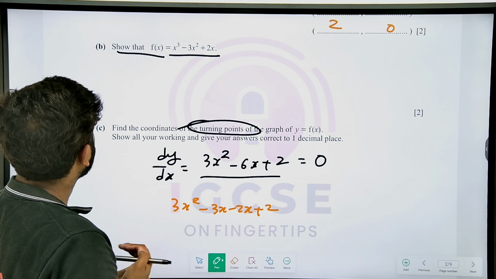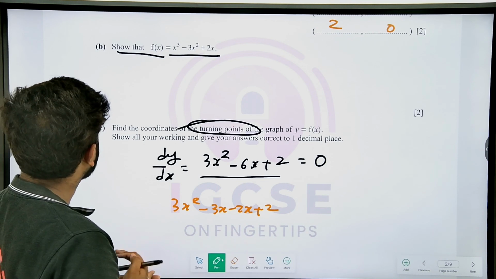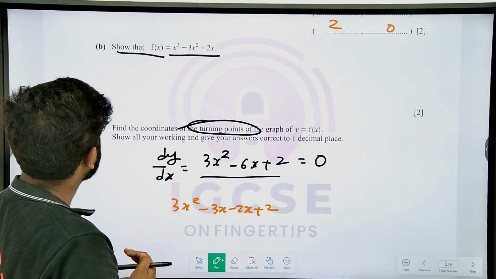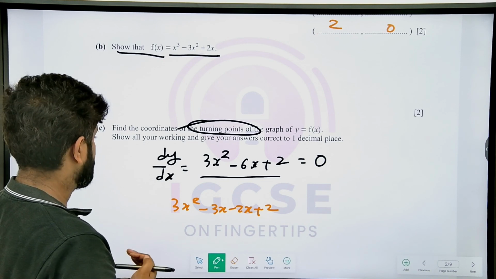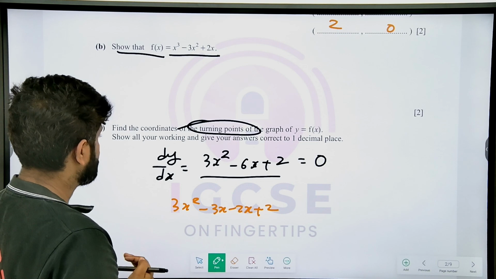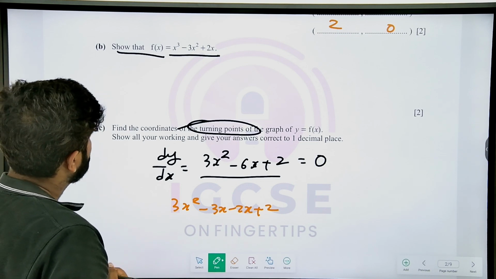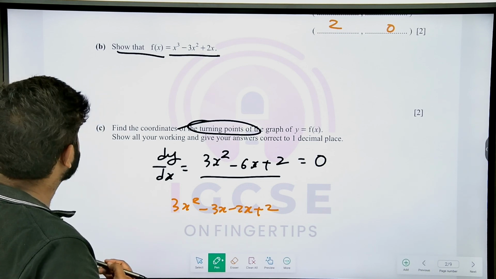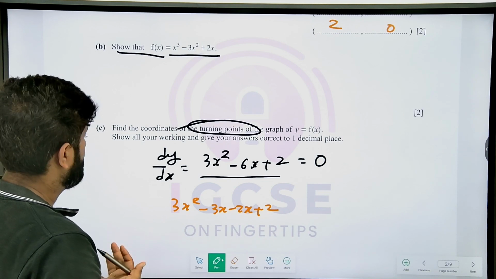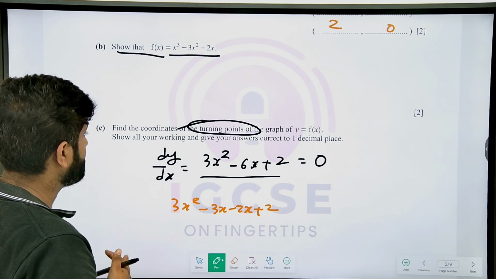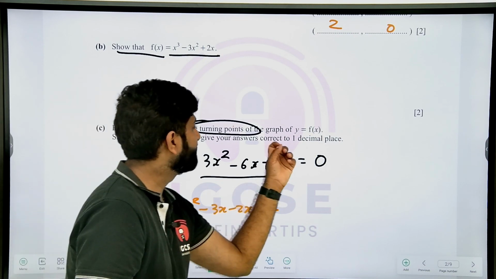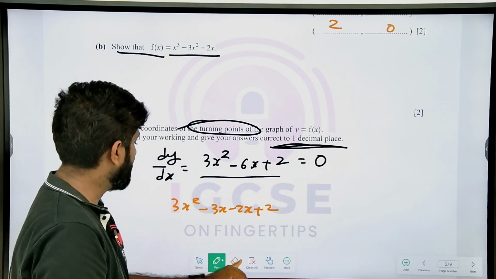Just a second, I think I have made a small mistake. 3x squared minus 6x plus 2. Okay, so on addition I should get negative 6. I have to give my answer up to 1 decimal place. I don't think this can be factorized.